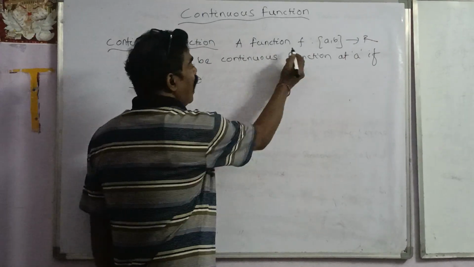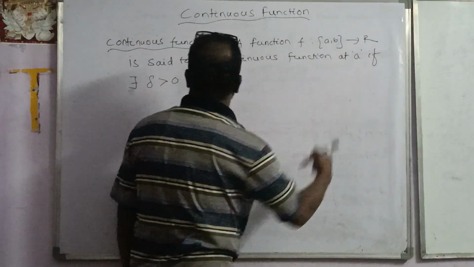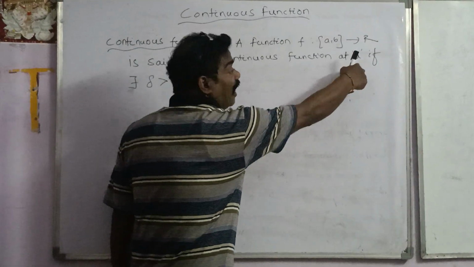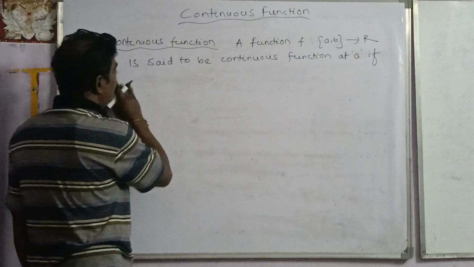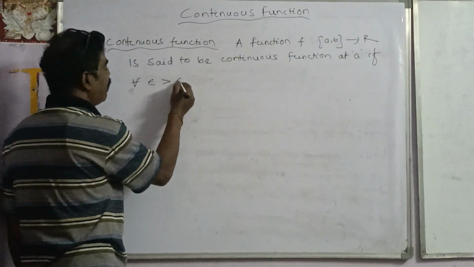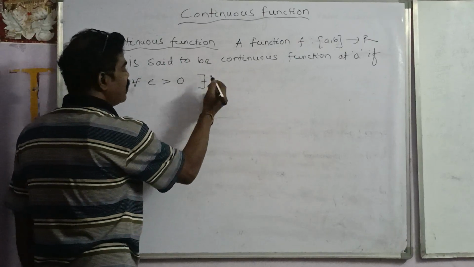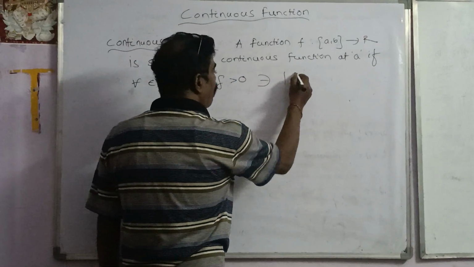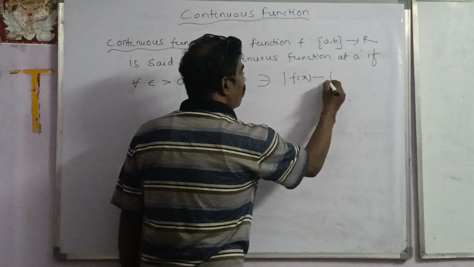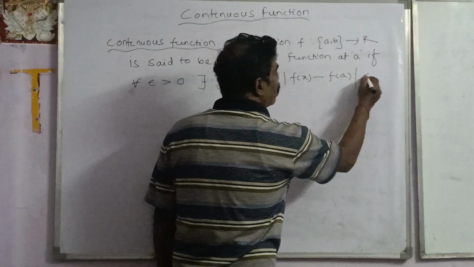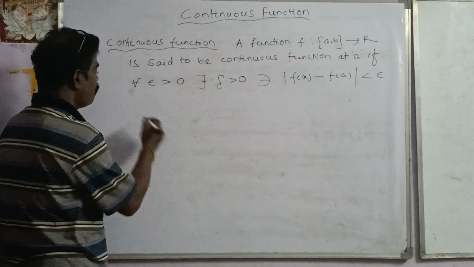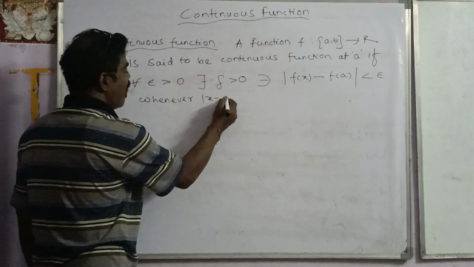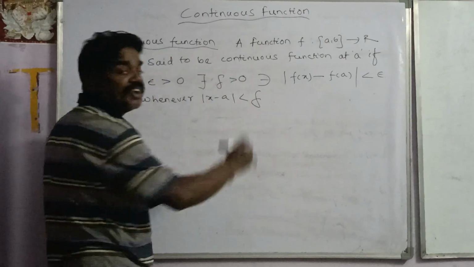A function f maps from closed interval [a, b] to R is said to be continuous at a if for all epsilon greater than 0 there exists delta greater than 0 such that |f(x) - f(a)| < epsilon whenever |x - a| < delta.